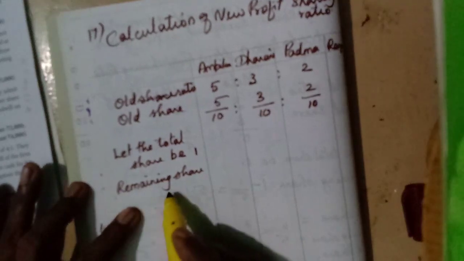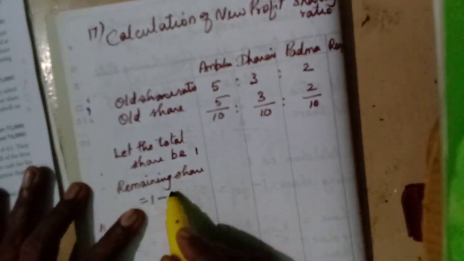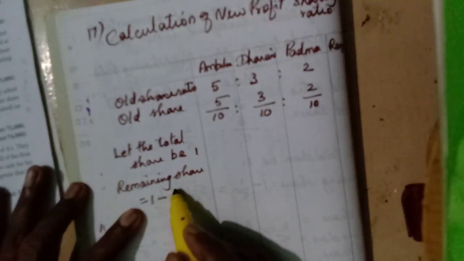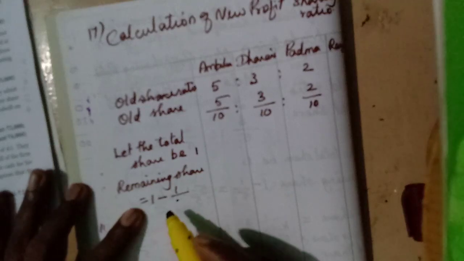How we will calculate remaining share: remaining share is equal to 1 minus the new partner share. New partner share we calculated, no? Okay, here 25% is given, isn't it? 25% means 25 by 100.